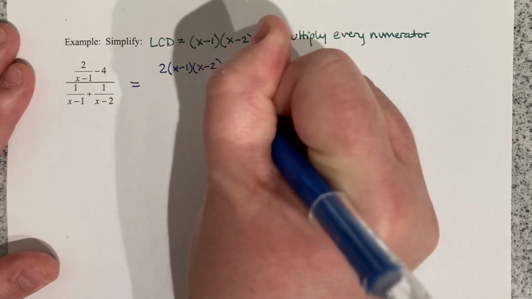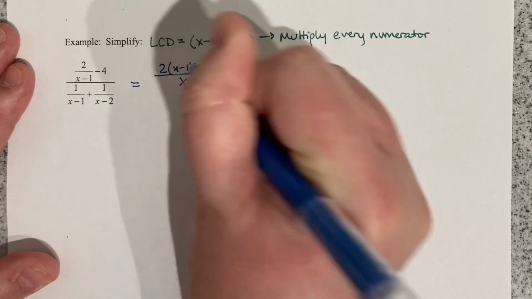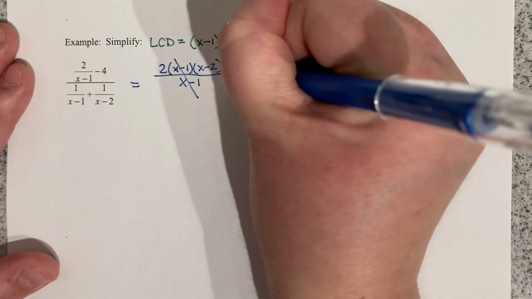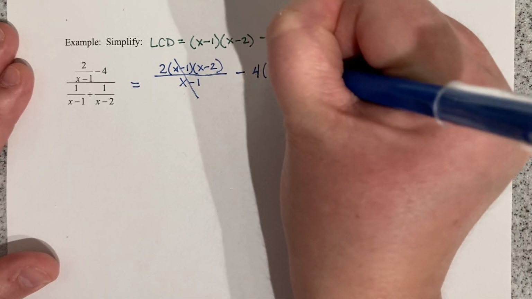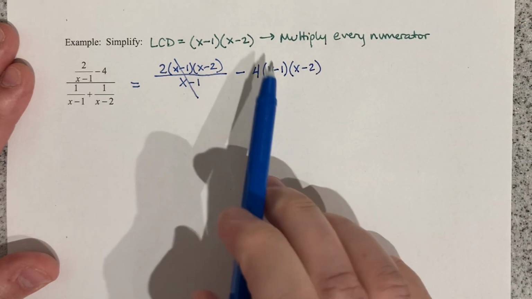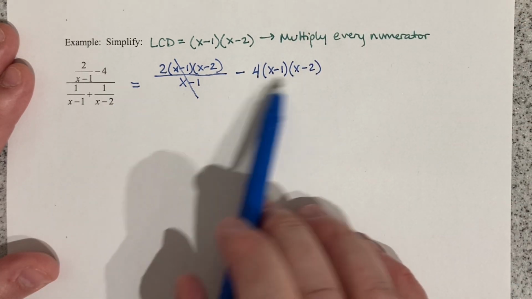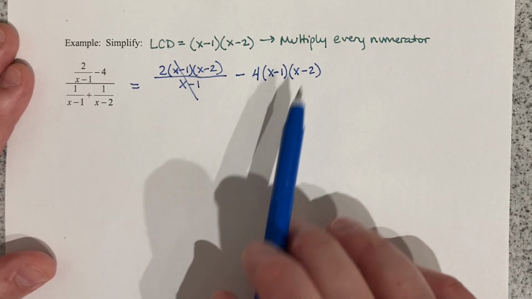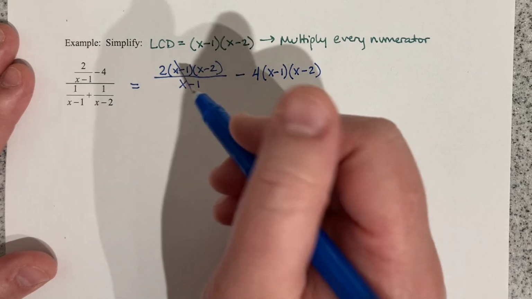That common denominator, it's still over x minus 1. Oh, look, the denominator cancels. That's the whole idea. Minus 4 times x minus 1, x minus 2. I didn't put my 4 over 1 here. You can, but with method 2, we're getting rid of fractions anyway, so I don't need to put the over 1.